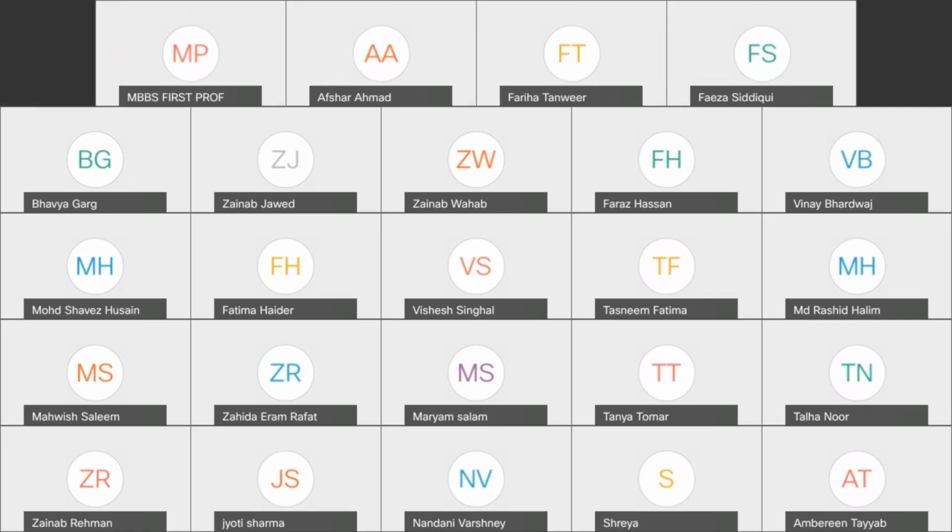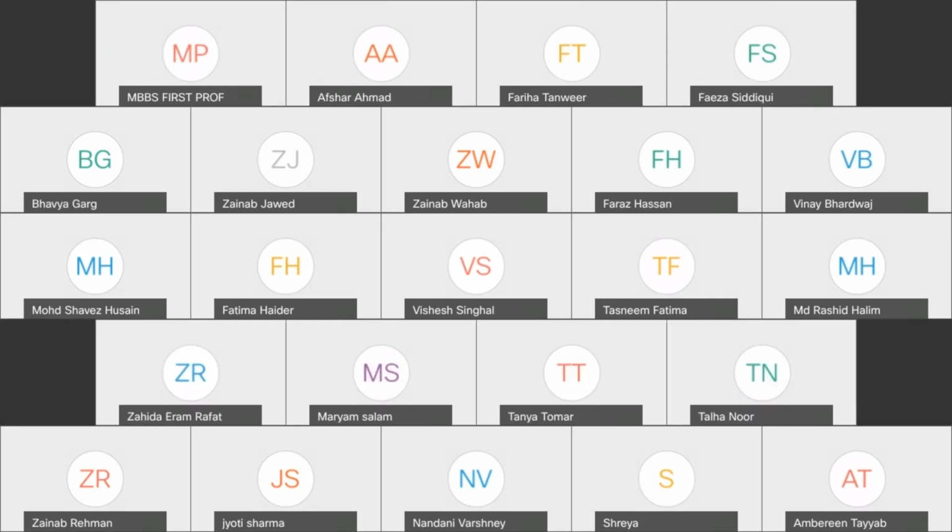Roll number 76, Mehwish Salim. Ma'am, roll number 74, Fatima Heather. Sorry, just a minute, I marked it wrong. Next. Roll number 67, Vishesh Singhal. Ma'am, roll number 73, Talha Noor. 66, Tanya Tomar. Who's next? 55, Zainab Wahab. Okay, next.